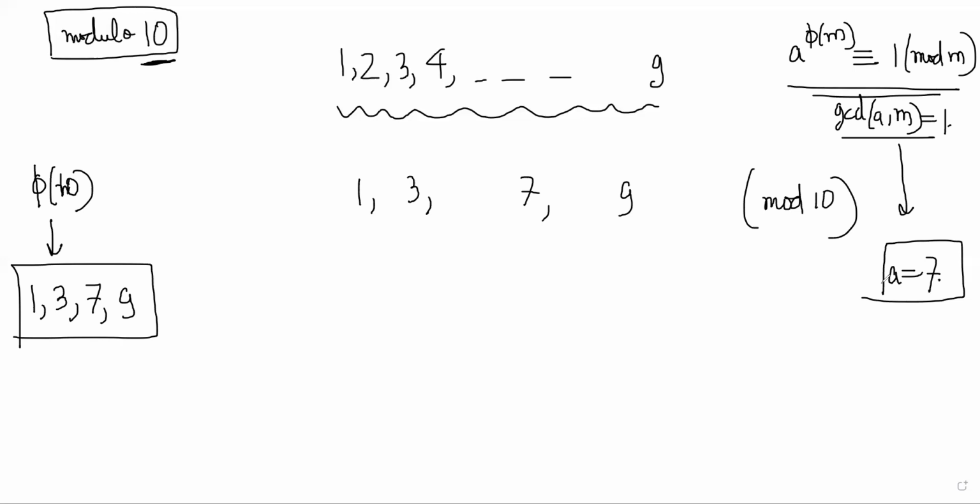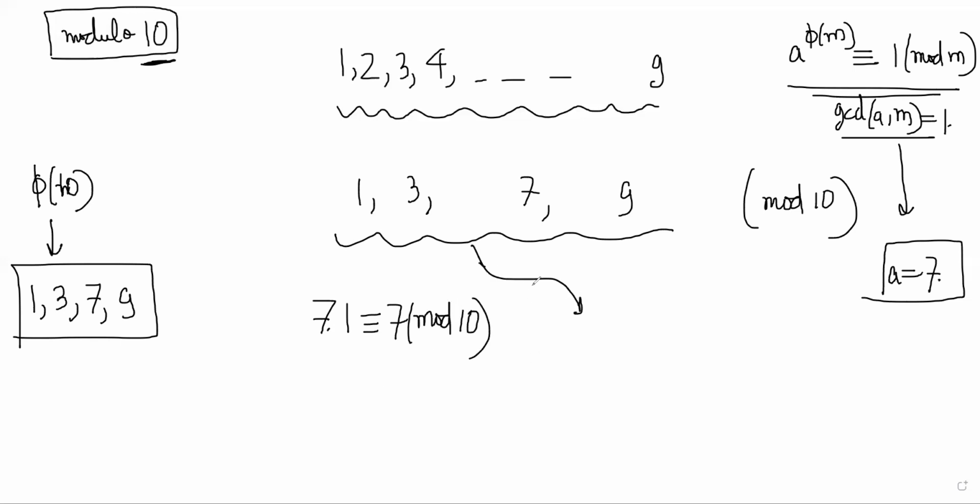So what you will do is multiply each of these with 7. So 7 into 1 is 7 mod 10. 7 into 3 is 1 mod 10. 7 into 7 is 9 mod 10.